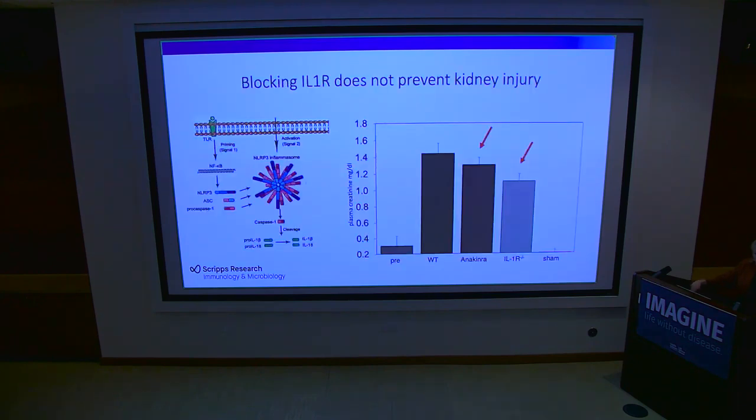And so we did the experiment and asked if treating mice with anakinra or using IL-1 receptor knockout mice could protect the mice from injury. And in fact, the answer was no, it cannot. So this is an effect that's independent of the inflammasome and is dependent on NLRP3.